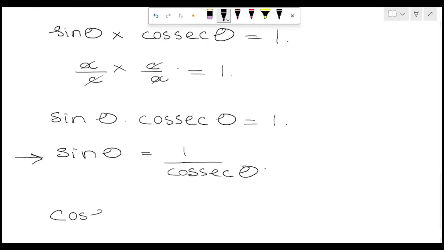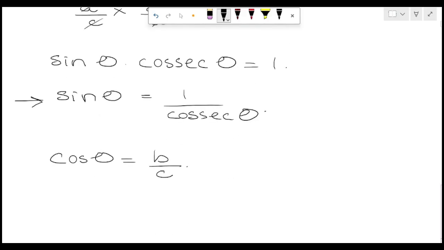So cos theta is equal to b over c, which means base over hypotenuse. So the opposite of cos theta is sec theta. Now sec theta will be equal to hypotenuse over base.